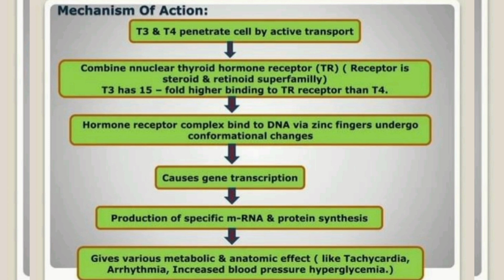This hormone receptor complex binds to the DNA via zinc fingers and undergoes conformational changes, which cause gene transcription and production of specific mRNA and protein synthesis. Because of this, it gives various metabolic and anatomic effects like tachycardia, arrhythmia, increased blood pressure, hyperglycemia, etc.